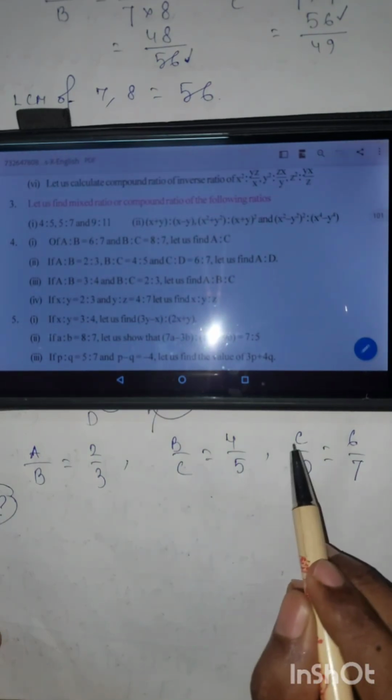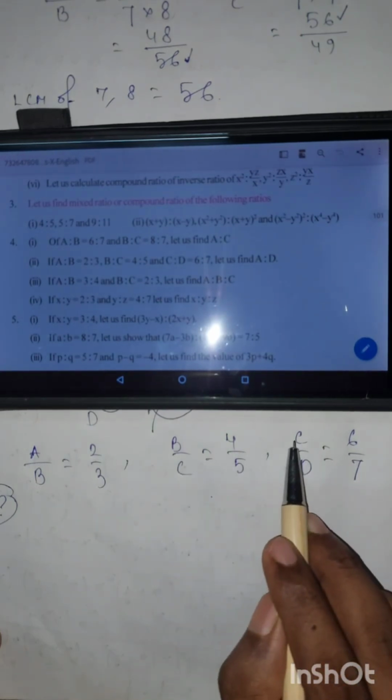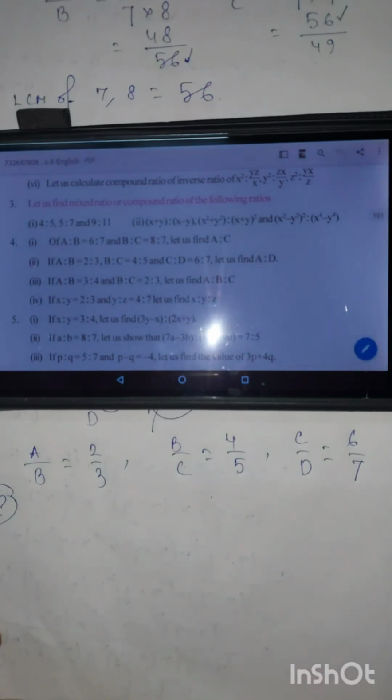C is common to both of them. So first we need to balance, we need to make C equal in these two ratios.